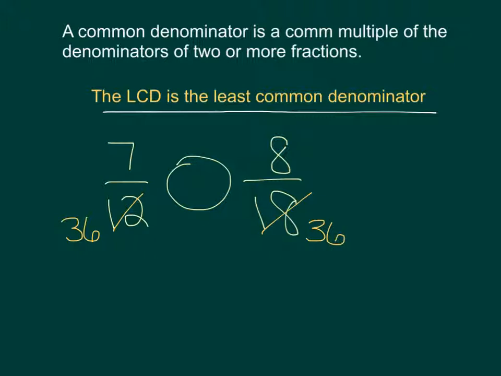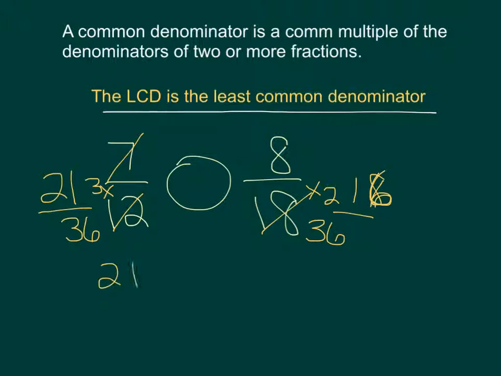To get 12 into 36, we multiplied by 3. So whatever you do to the bottom, you have to do to the top. So my fraction becomes 21/36. To turn 18 into 36, we multiplied by 2. So my new fraction becomes 16/36.